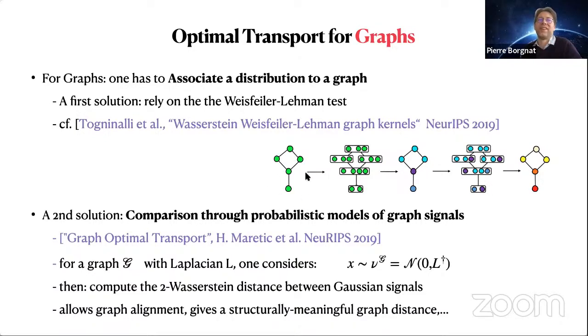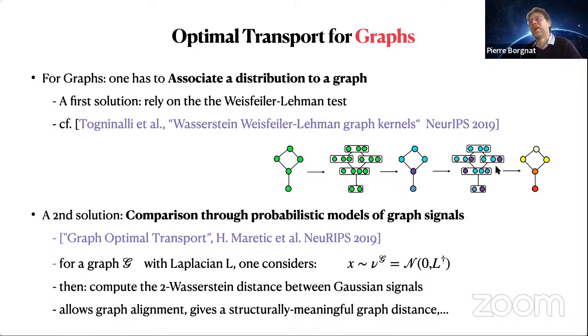This Weisfeiler-Lehman tells you, when you have a graph here, you will consider the graph and its neighborhood, each node and its neighbors. That means this vector, this other vector for this node, and so on and so forth. And then you are hashing the structure, the local structure, encoding the topology on each node.